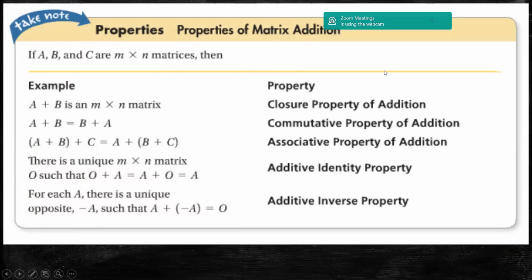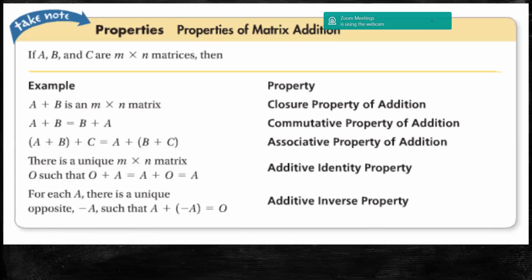Now, as we have properties for adding numbers, we also have properties for matrices. The first one: A plus B is an M times N matrix.